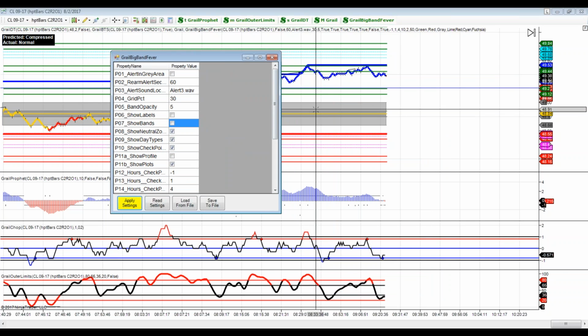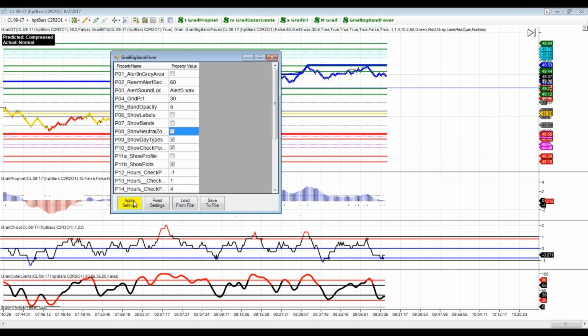If I don't want to see the gray area, I click that off and that's gone. We still have the OP band, we still have the OP line. If I don't want to see the day types, I can click on that, and off to the left you won't see that anymore.